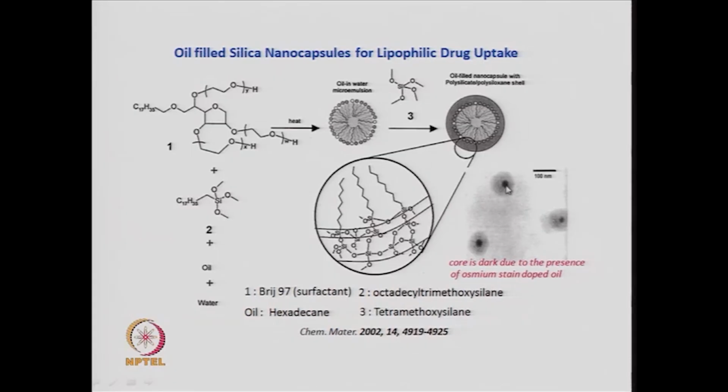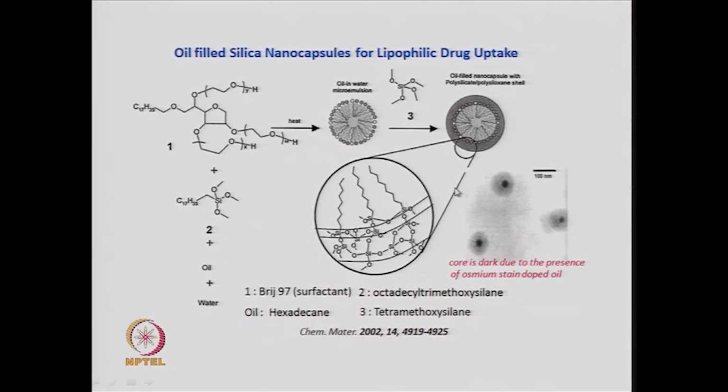So, this portion as you see is darker because of the osmium stain that you have used and doped in this oil. This is an example of an oil filled silica nanocapsule which you have made.